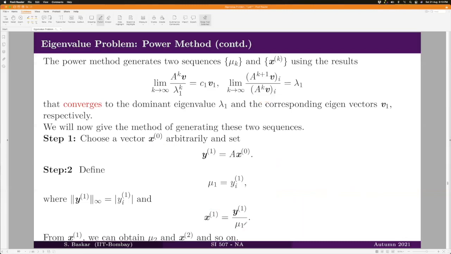So you keep on doing that, and in that way you have two sequences. One is the sequence mu_k, which is a sequence of real numbers, and another sequence x_k, which is the sequence of vectors.